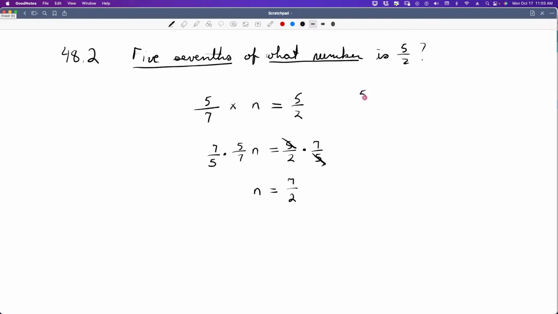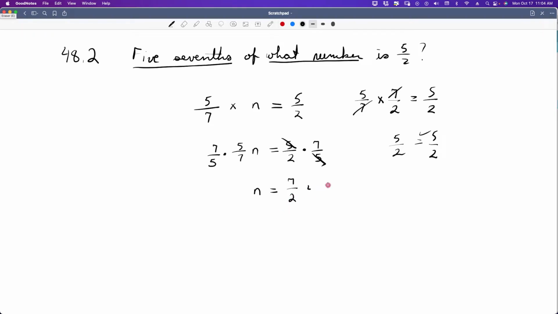I'm going to say 5 over 7 times, and I'm going to put in the value of n here, 7 over 2. 7 over 2 is equal to 5 over 2. Well, look at what I see here. I see a 7 and a 7 that I can factor out, which leaves 5 over 2 is equal to 5 over 2. And we know that's correct.